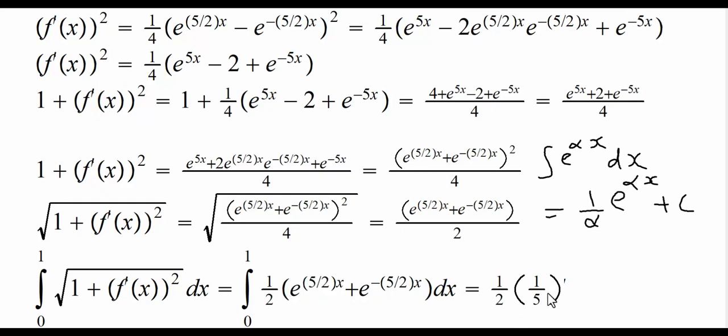All right. And then 2/5 I said, but I didn't write it. Then here it will be 1/(-5/2). That will give us -2/5.